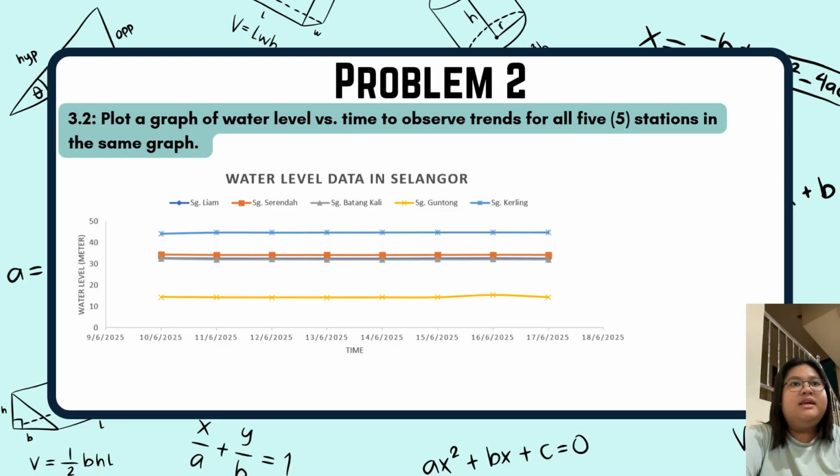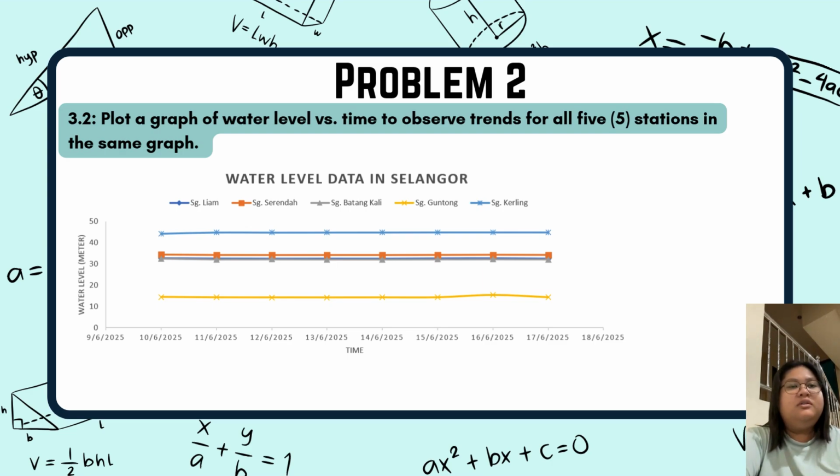This slide shows the graph plotted from the collected water level data. Sungai Liam is marked in dark blue, Sungai Serendah in orange, Sungai Batangkali in grey, Sungai Guntong in yellow, and lastly Sungai Keling in light blue.